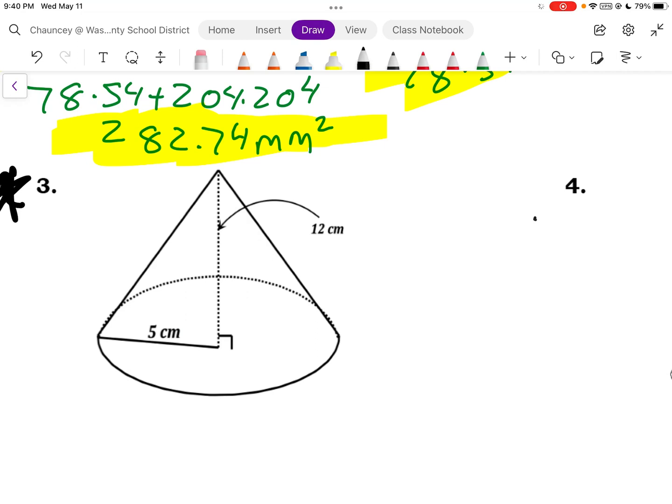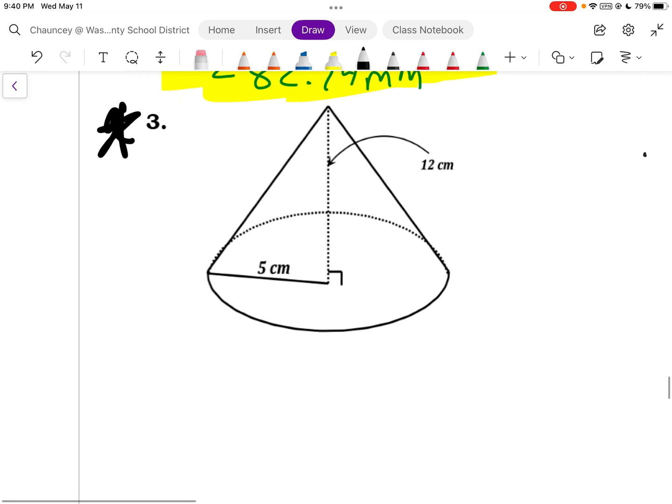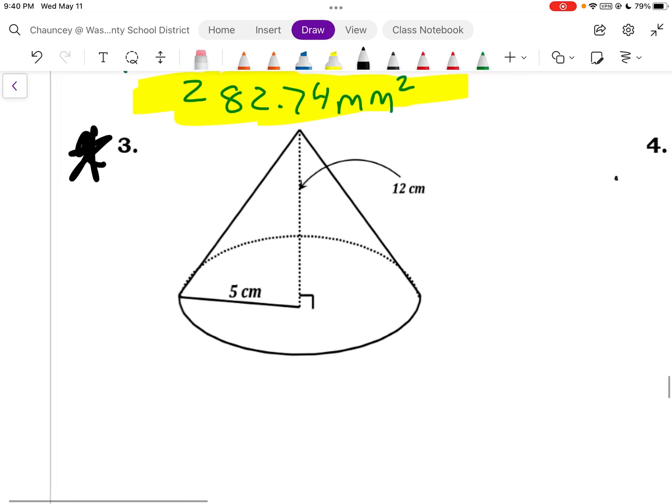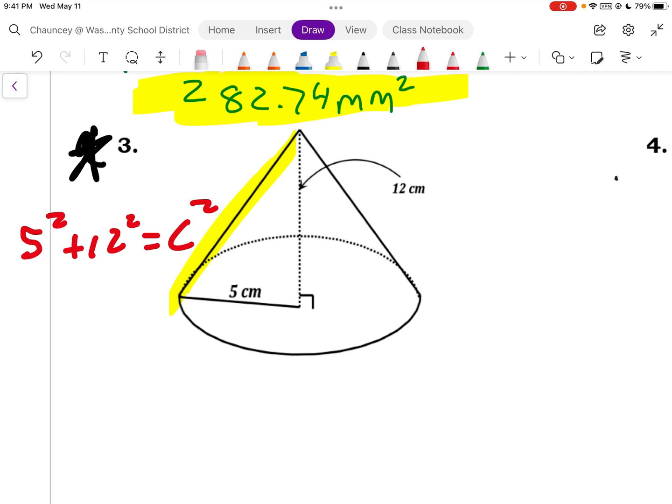Now, if you pause it and tried it, you'd find out, okay, well, we need to find the surface area, the hypotenuse of this, which is our slant height. So we need to find that. Just like the last problem, we have 5 squared plus 12 squared equals your slant height, which is c squared.